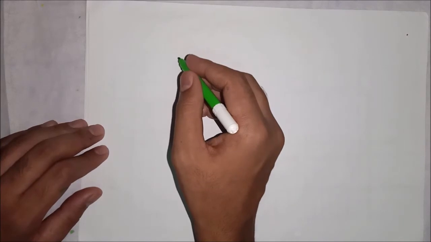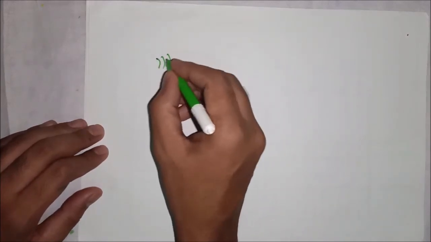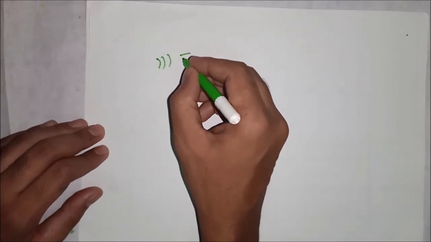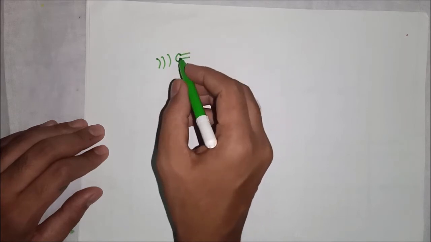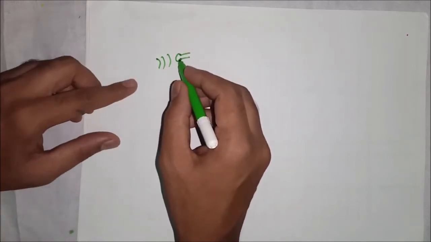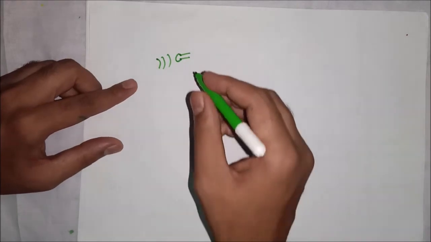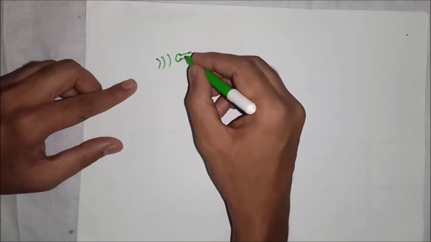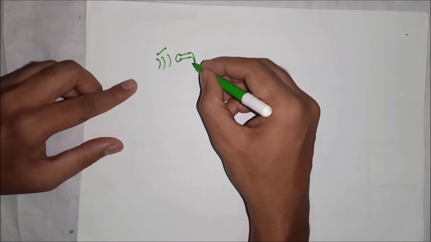Suppose I am just speaking here. I am producing the sound in front of the mic. This is the mic I have. What the mic will do? The work of the mic is this mic converts this sound energy into the electrical energy.